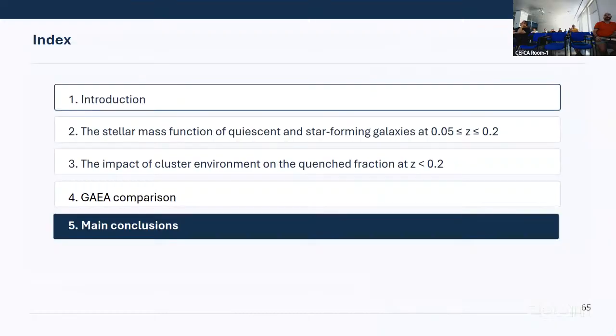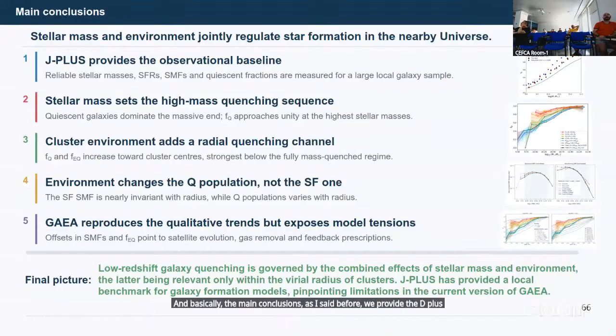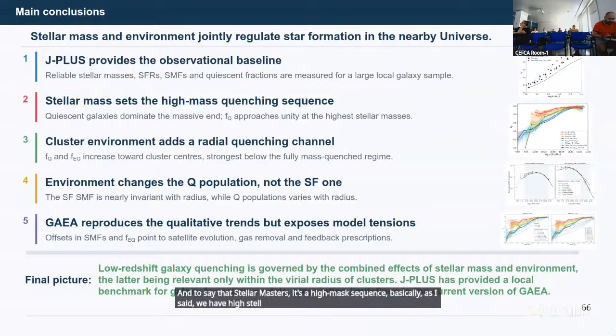And basically, the main conclusions, as I said before: we provide J-PLUS as a nice framework to work with environment. Stellar mass sets a high-mass quenching sequence. Basically, as I said, they have high stellar masses. The galaxies are quenched.